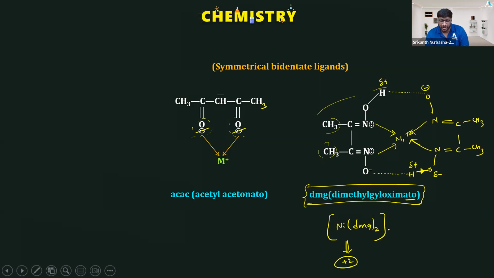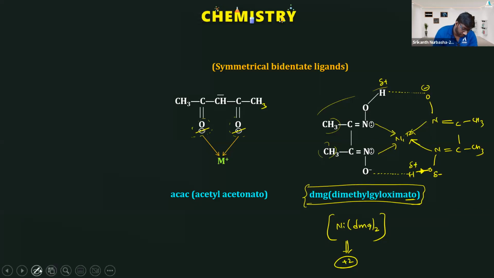So Ni(DMG) taken twice. What is the name now? First you have to name what? First you have to name the cation or the anion? Cation. Yes, Shefali gives bis(dimethylglyoximato)nickel(II).